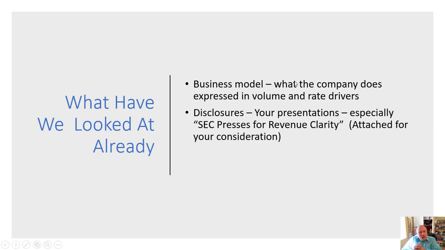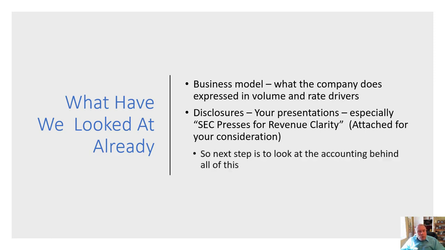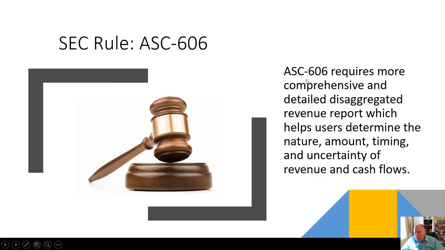On the disclosure side, your presentations have really been helpful and useful, especially the SEC pressing for revenue clarity. And I've attached those for your consideration. The next step is to look at the accounting behind all of this. What is the accounting that's there?